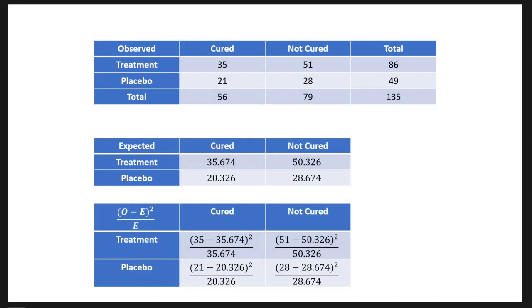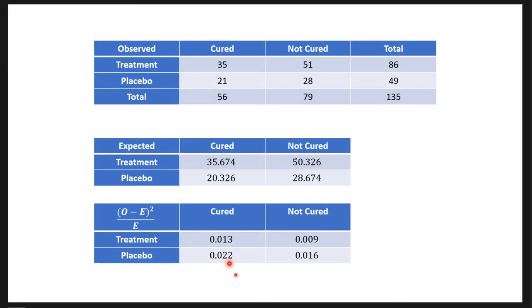When you add up all those z squared values, we're going to get a chi-squared test statistic. So these are the four different values. My chi-squared test statistic then is just the result of adding all of those up.